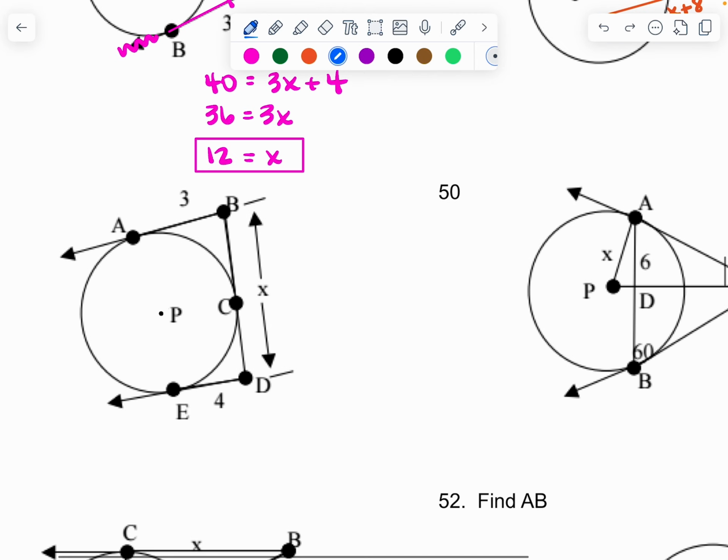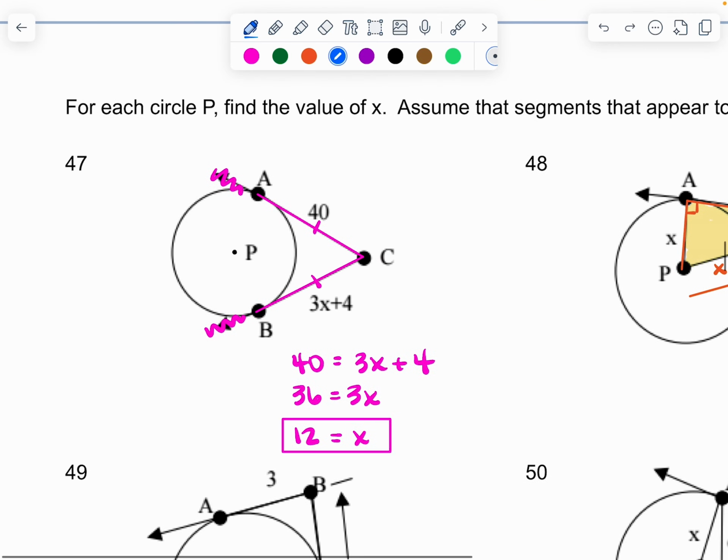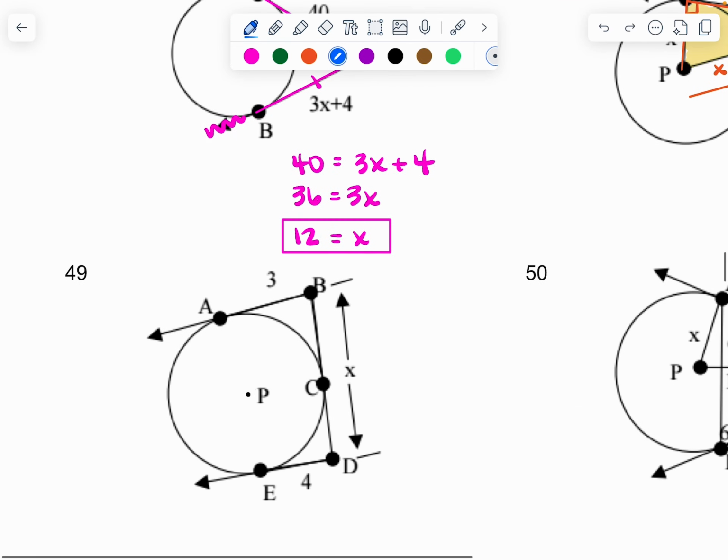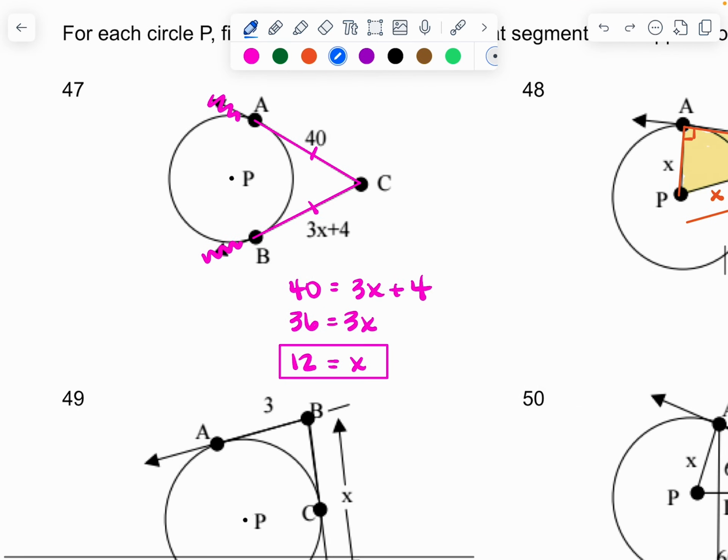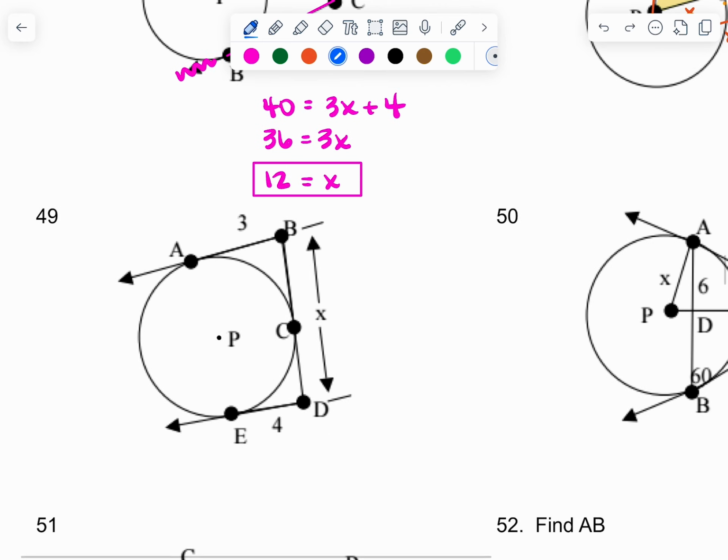All right, number 49. This one is using the same little factoid from number 47, that tangents that extend from the same external point are congruent. So I know that if this is 3, this length must also be 3, right here.